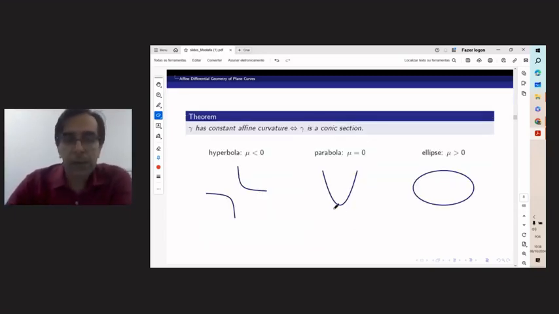There is a well-known theorem that says that gamma has constant affine curvature if and only if gamma is a conic section. For example, if the affine curvature is negative, 0, or positive, we have hyperbola, parabola, and ellipse.